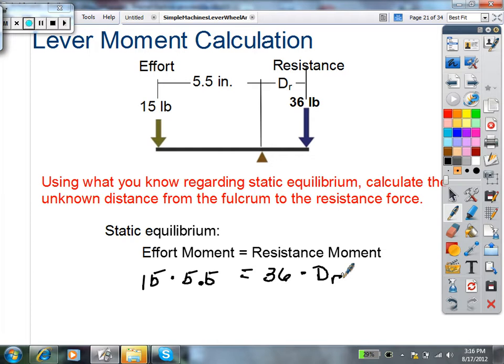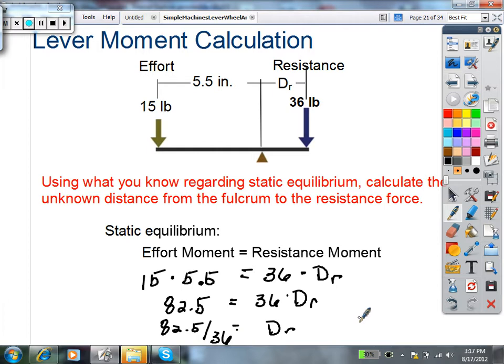So 15 times 5.5 is equal to 82.5, and that's going to equal 36 times dr. So dividing through, we end up with dr is going to equal 82.5 divided by 36.